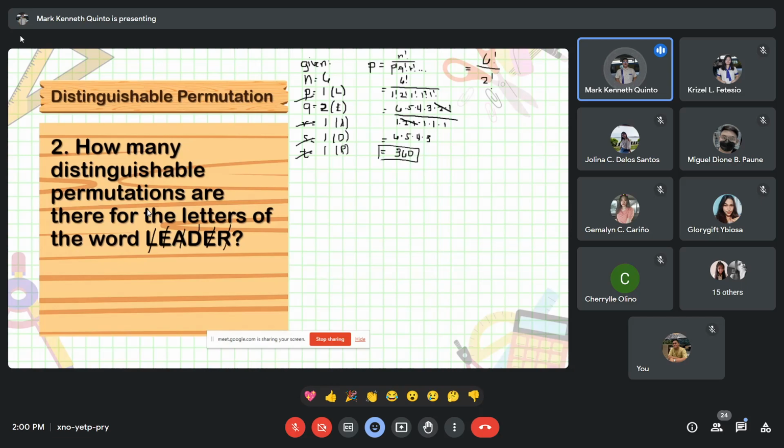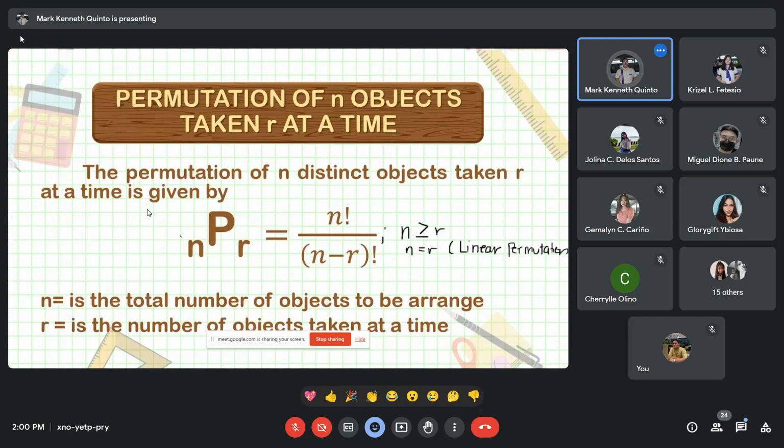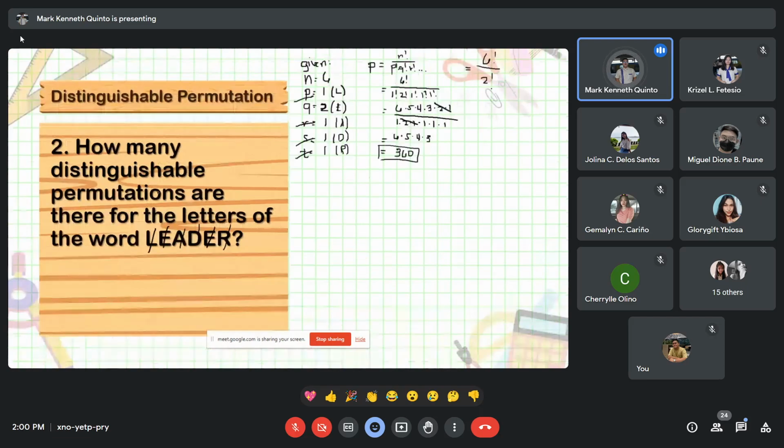So we have to analyze first the problem in order to identify what type of permutation is needed to use. And also, some of the problems have the word distinguishable. So if we have the word distinguishable, therefore that is distinguishable permutation. Are we good with distinguishable permutation?